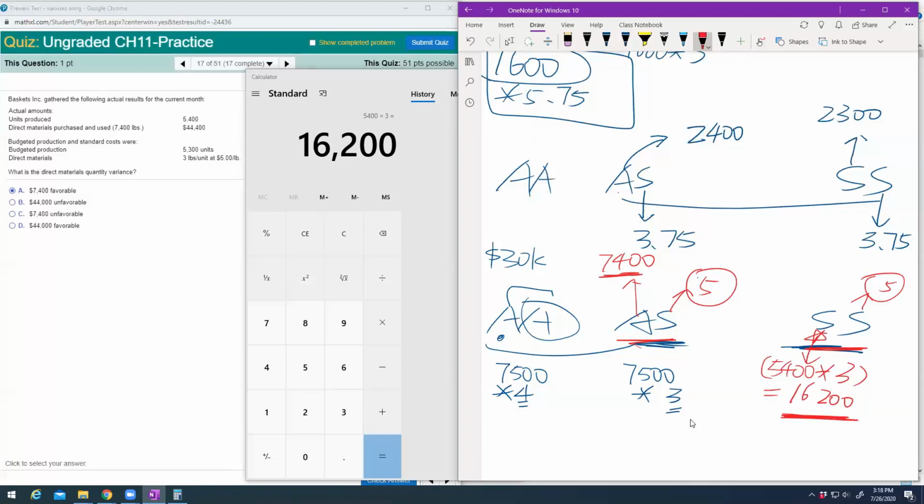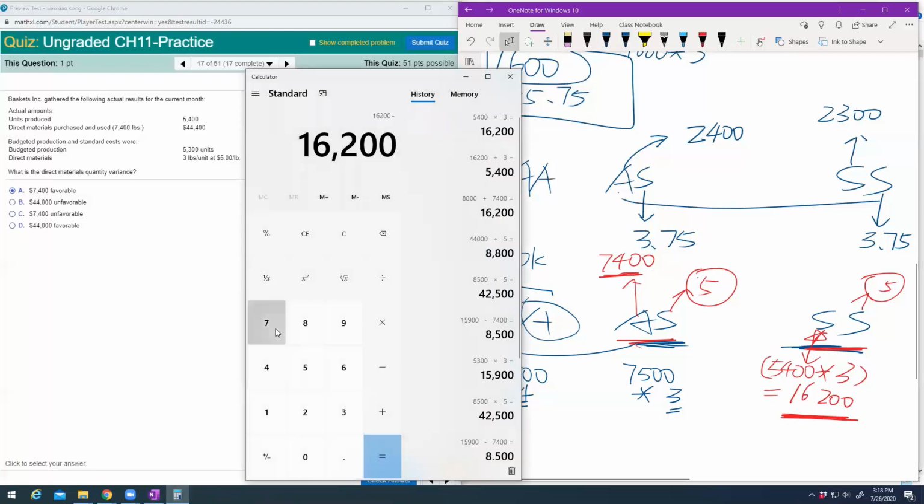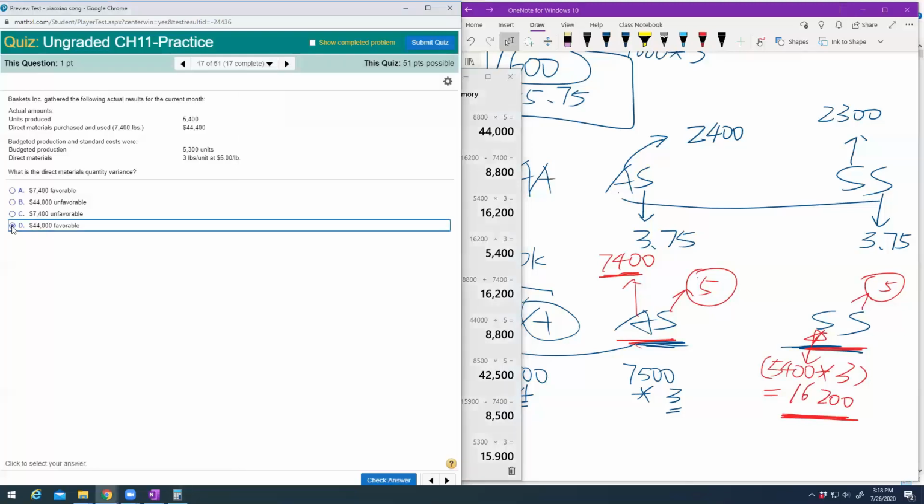So you saved 8,800 pounds. So definitely it's a favorable result. Each pound is $5, so totally we saved $44,000. That's our favorable result.